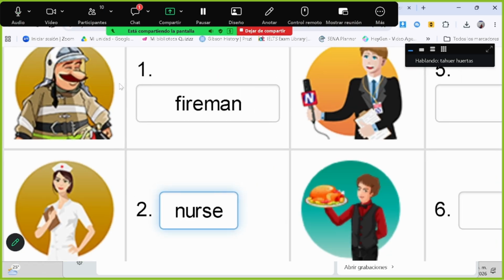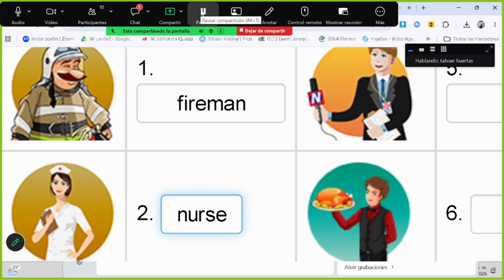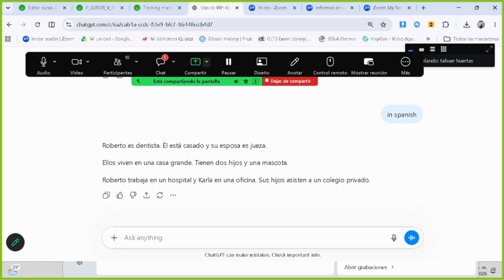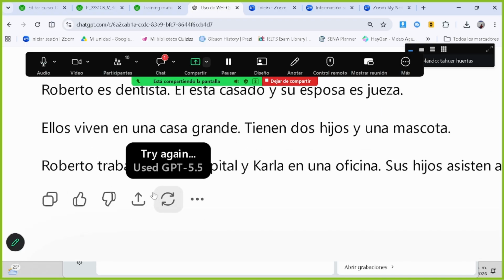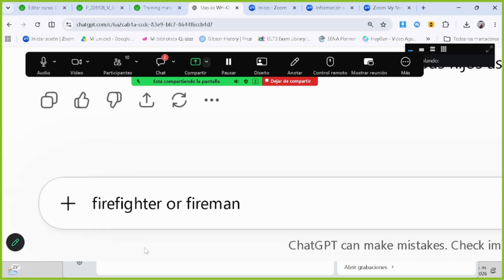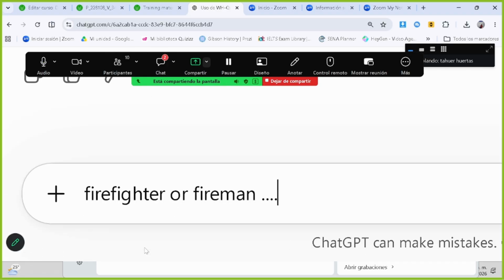But tell me, firefighter or fireman? What is the difference? Do you know the difference? Let's ask the artificial intelligence.